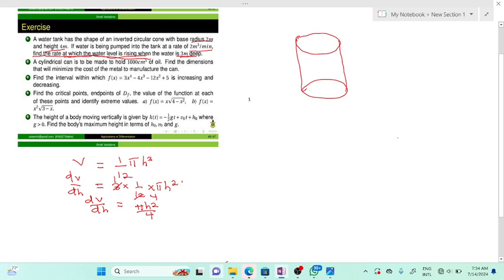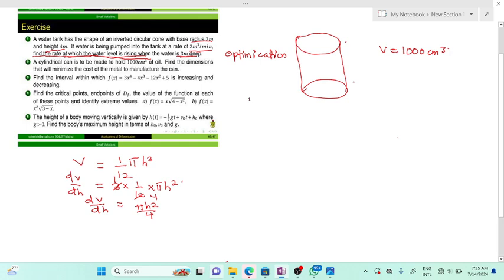And let's see. For this one, we know that the volume is 1000 centimeter cube. That is what you have been given, and you are looking for dimensions. Remember that for a cylinder, you need your radius and you need your height.